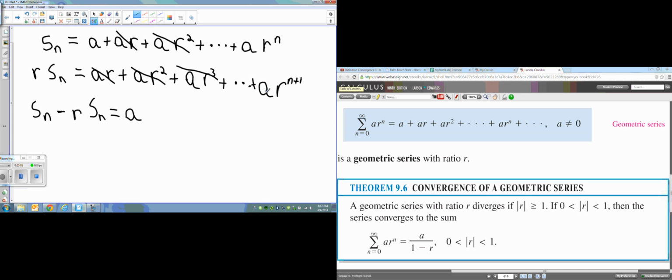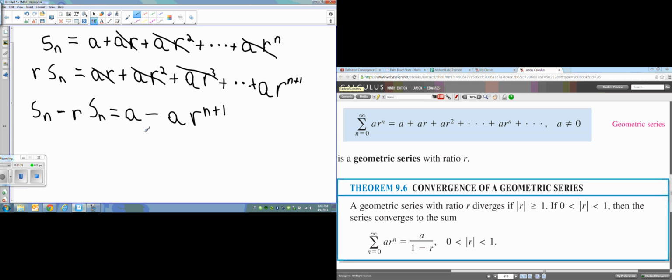So the term that comes right before this one is ar to the nth. So that would cancel the ar to the nth. And this term wouldn't have anything to cancel. So you'd see here that this would be equal to a minus a times r to the n plus 1 power. These are the only terms that would remain when you did that subtraction.